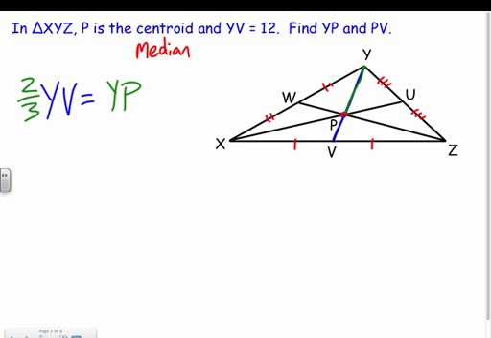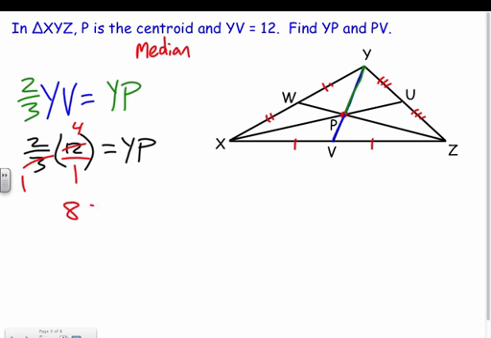I know that YV is 12, so I just plug in 12 here. I take 2/3 of 12 to find YP. I can put 12 over 1 and cross cancel. 3 goes into 12 4 times, and 2 times 4 is 8. So 2/3 of 12 is 8. I'm sure some of you could have done that mentally, but there we go. I figured out what YP is.